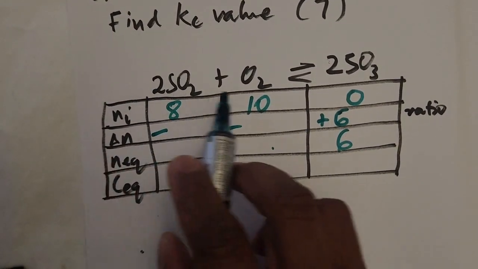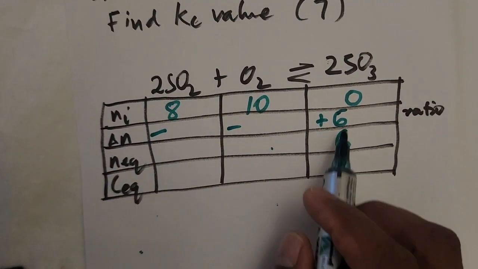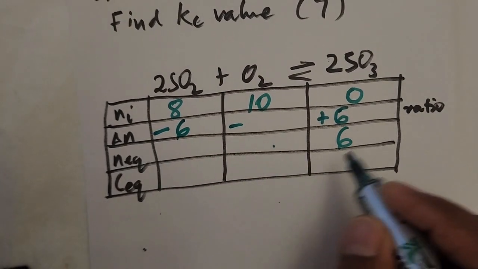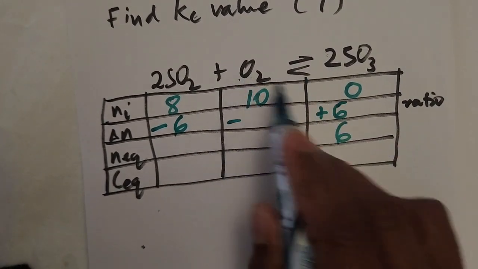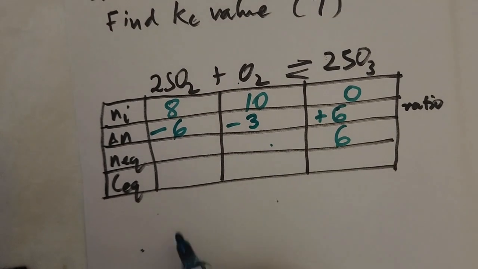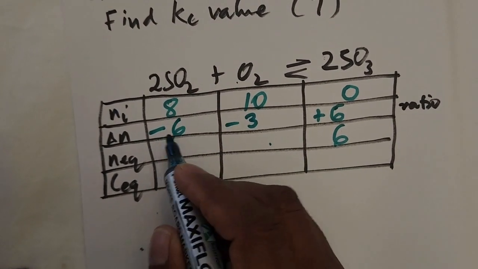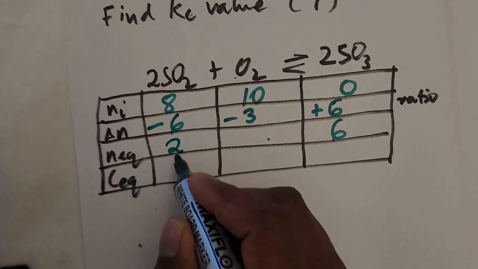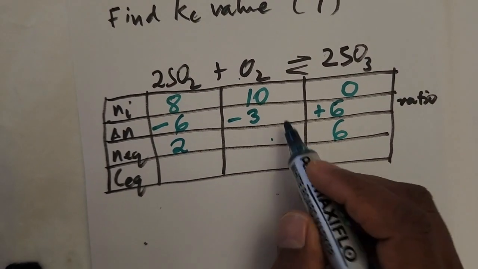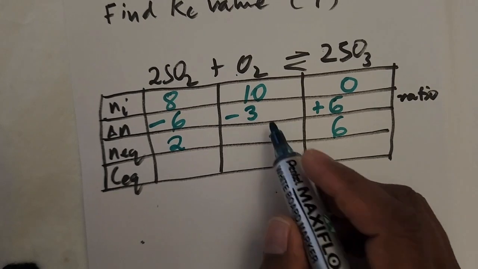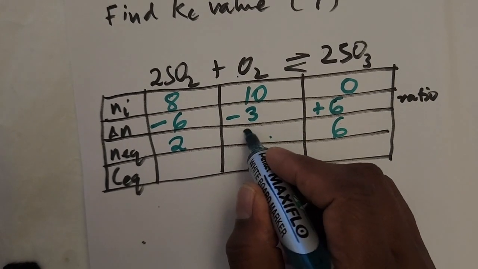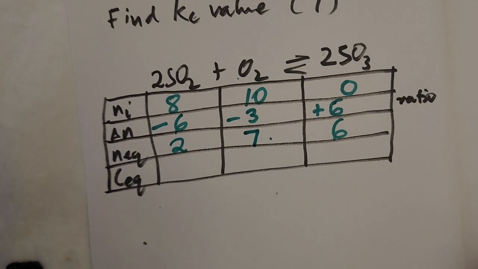The ratio says 2:1:2. If this one is 6, this will be 6. If this one is 2:1, this one will obviously be 3. Therefore, if we started with 8, subtract 6, we'll end up with 2. If this one, 10 minus 3, we'll end up with 7.